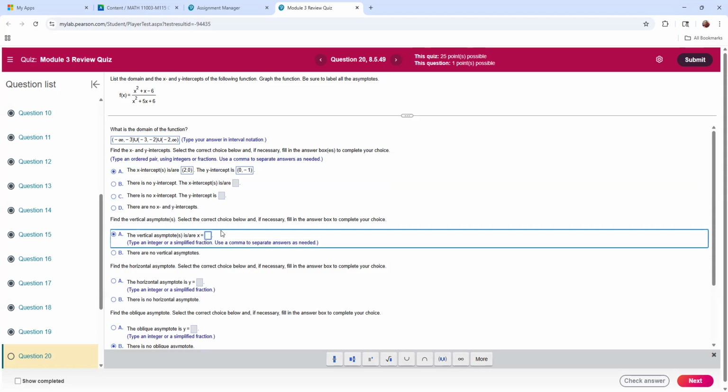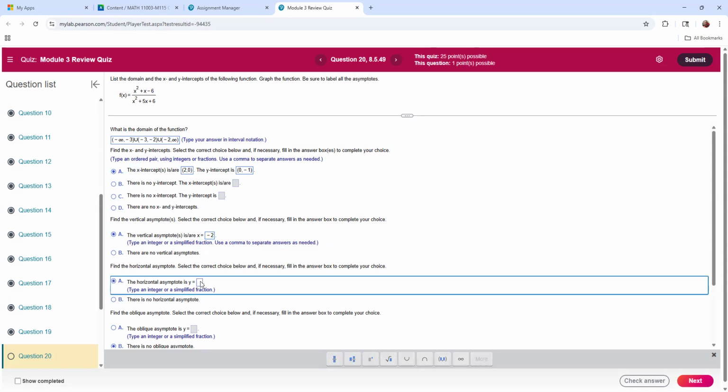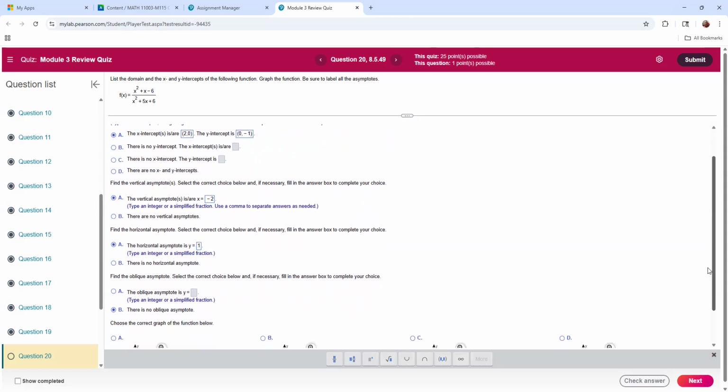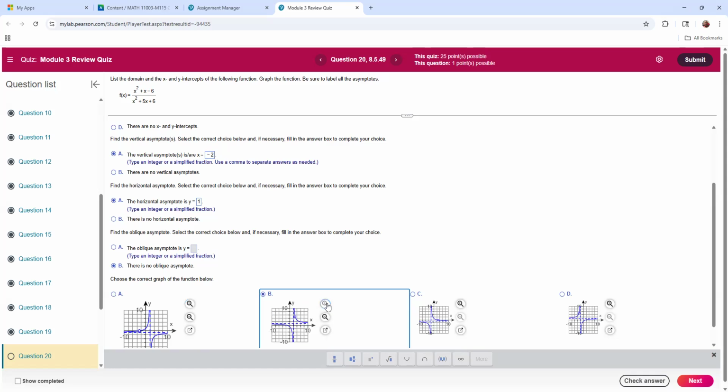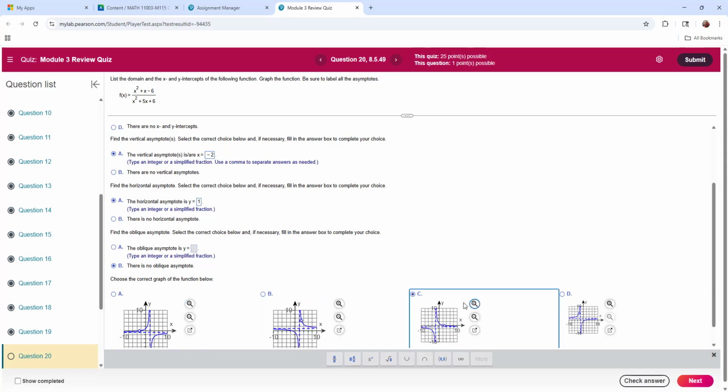Remember, we kicked out the -3, so the only one left was x equals -2. There we go. The horizontal asymptote we said was y equals 1. There was no oblique. So now we just need to pick a number. Now, if you look here, the graph's got those zeros at that -3, remember, okay?